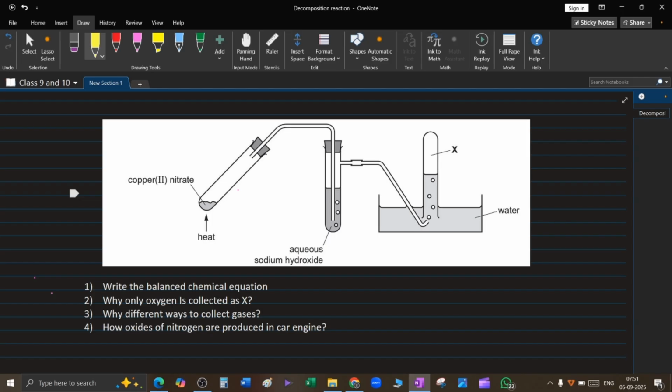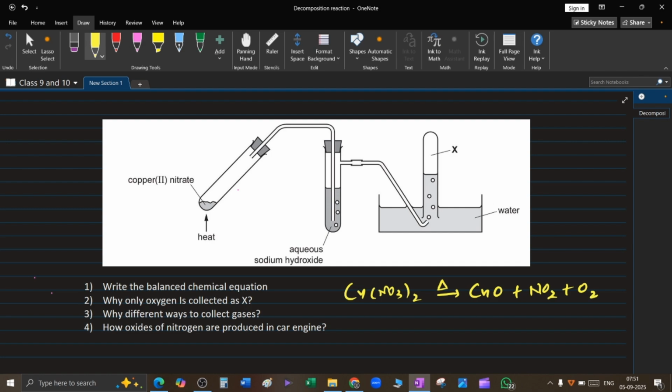And a little bit of extended knowledge. The first question is very easy: how will you write a balanced chemical equation? Copper(II) nitrate, Cu(NO3)2, decomposes to give copper oxide. The first product is always an oxide, along with nitrogen dioxide and dioxygen gas.